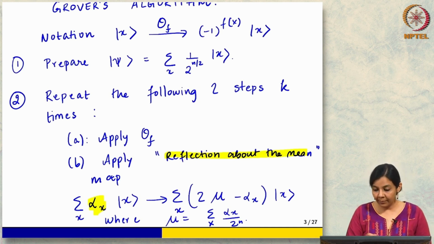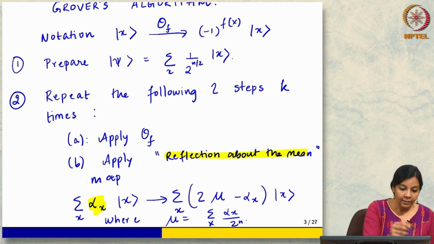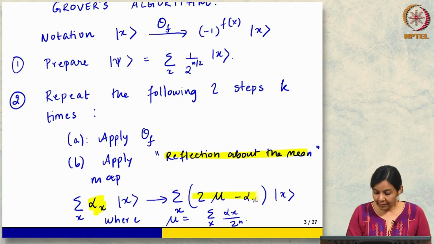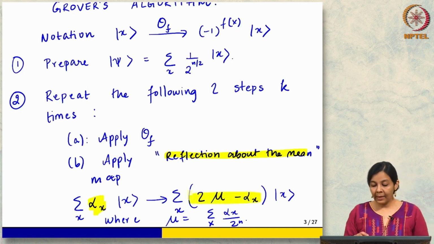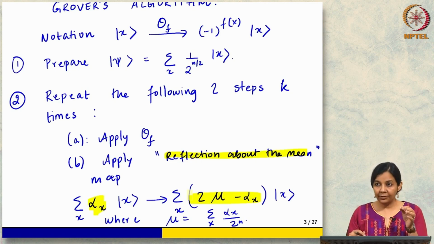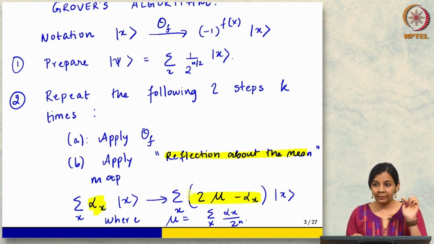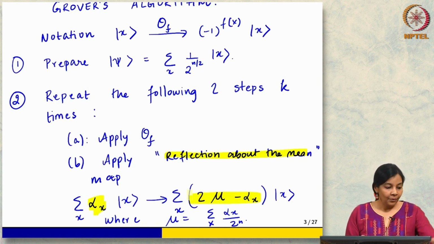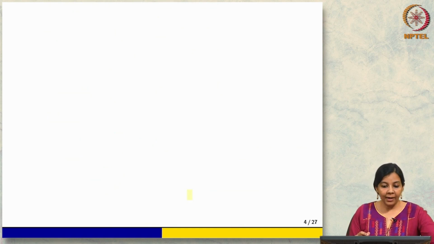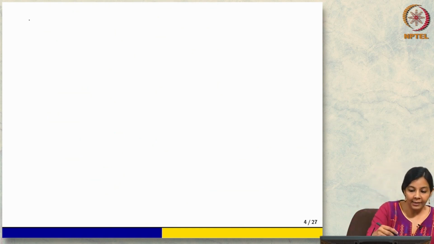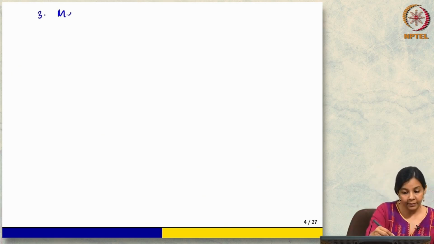I hope I remember to stick to that. So, mu is the average amplitude, and what I am doing is changing alpha x to 2 mu minus alpha x. And then having done this, I will simply measure all n bits.